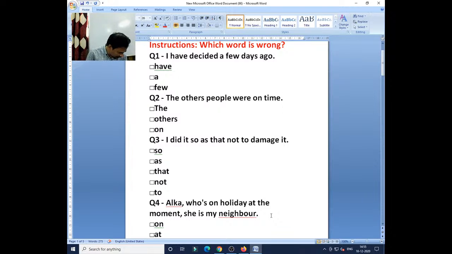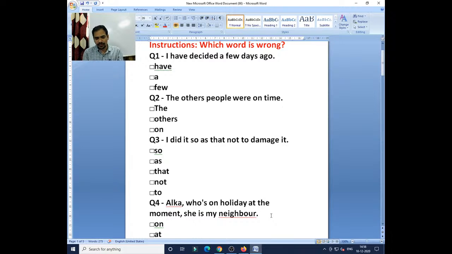Pratisruta also, others. Okay, so you are all correct, but from the girls' side, again the answer has come. The others people were on time, so the correct option will be others. Others should be removed. Okay, the people were on time. So others is not necessary here. So others is the incorrect one, the wrong word. So we have to remove this to make it grammatically correct.